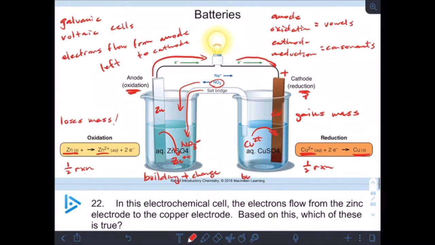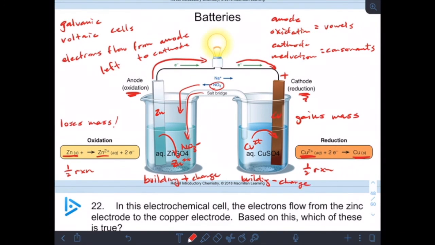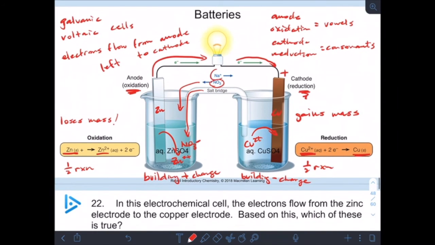On the right-hand side, I'm building negative charge, because my positive ions are going away. So in order to keep a charge balance, I need my sodium ions to come in. The salt bridge is there to maintain balance.